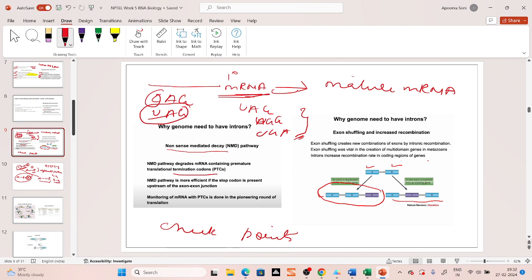So because introns are there, the manner in which introns can be spliced out will create different patterns of exons. And because there are different patterns of exons forming, there is a greater number of options in which recombination can take place.